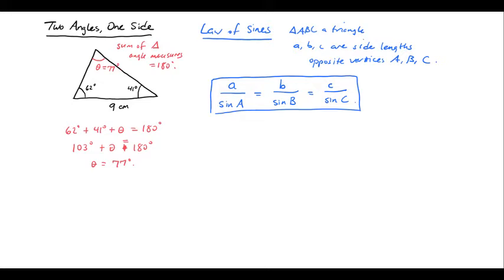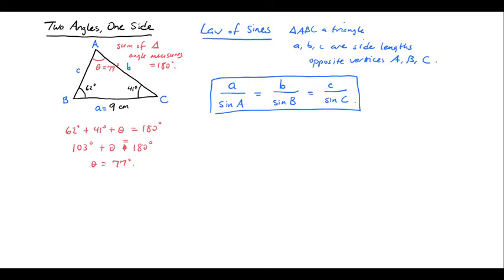I'm going to do a little bit of labeling here just to support us in using that rule. I'm going to call this side a, which means this opposite vertex has to be A. And I'm just going to name the other two vertices haphazardly, B and C, which means this opposite side will be b, this opposite side will be lowercase c. We're going to try to find lowercase b and lowercase c.